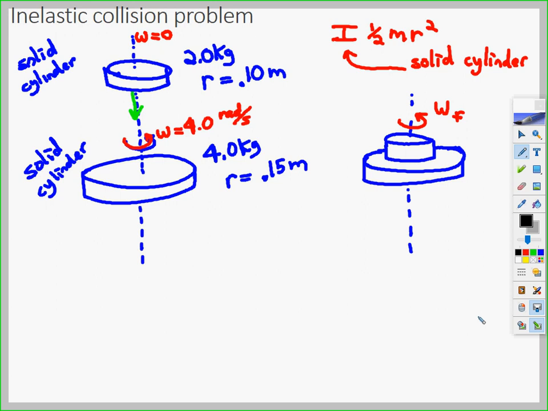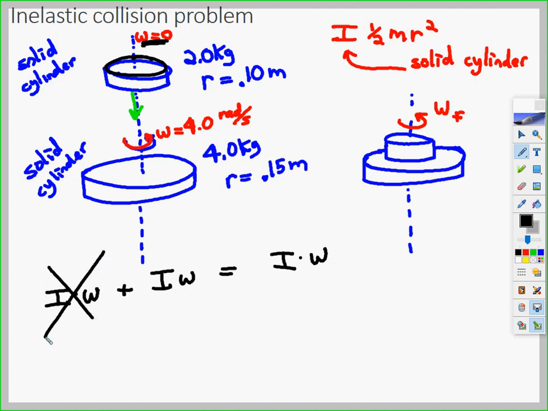Bravo. I times w plus I times w is going to equal I times w. But this one here being dropped, it's not spinning at all, so it doesn't have an angular velocity.